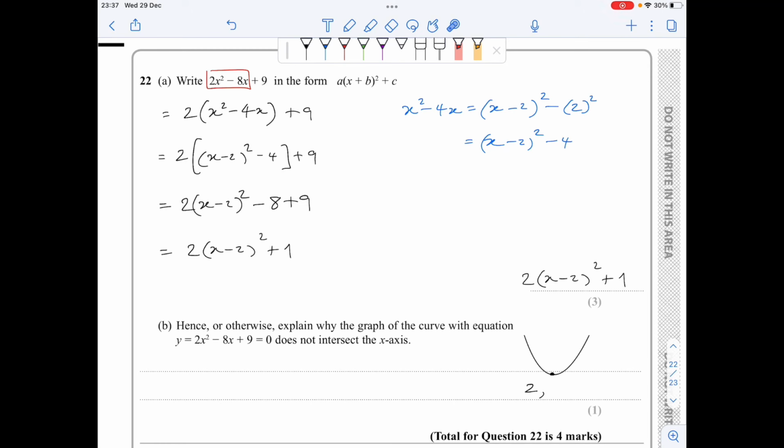The important thing is that when the bracket goes away, what you are left with is 1, and 1 is above the x-axis. So the reason I'm going to write here is that there is a minimum at (2, 1).